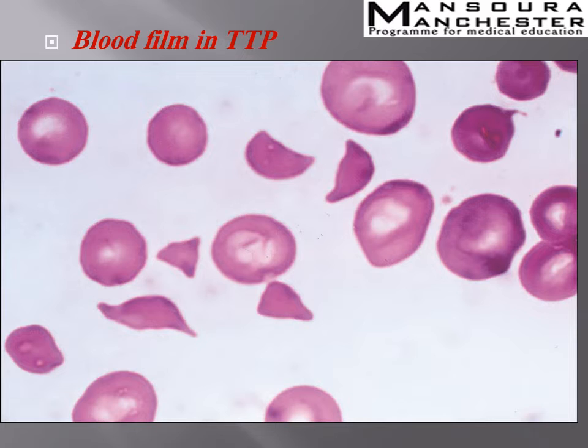The circulating red blood cells that are forced through these occluded vessels are deformed and fragmented, which produce the characteristic histiocytes. These fragmented red cells are removed by the reticuloendothelial system, resulting in hemolytic anemia. Because platelets are consumed in the process of vascular injury, most patients also develop some degree of thrombocytopenia.